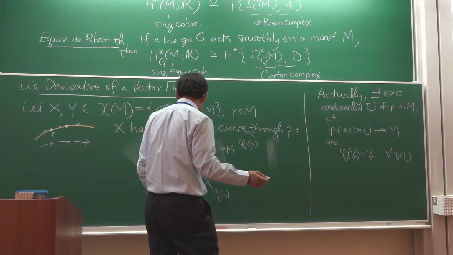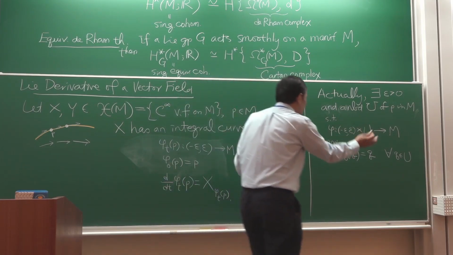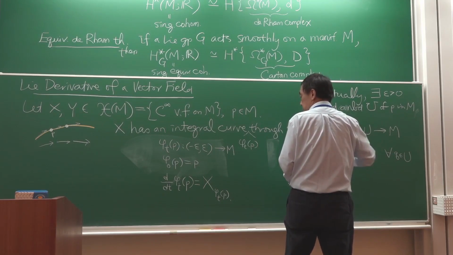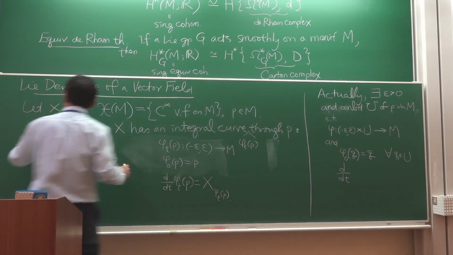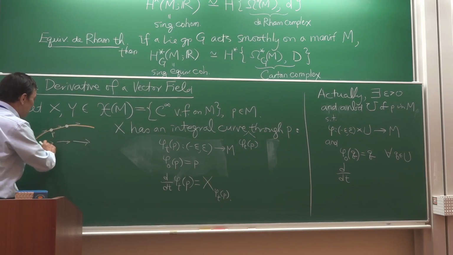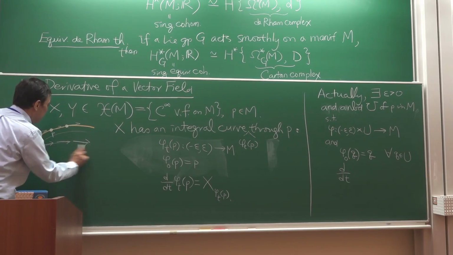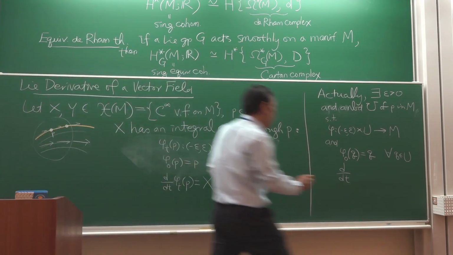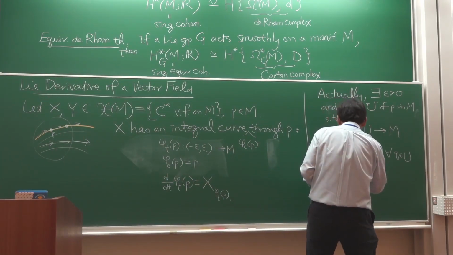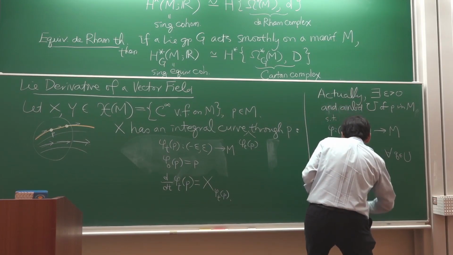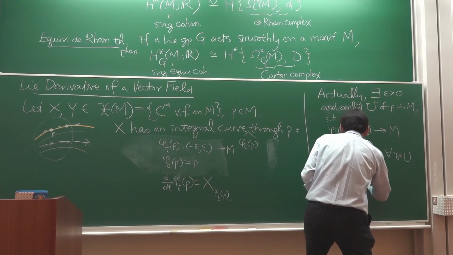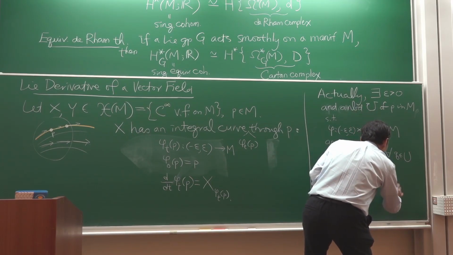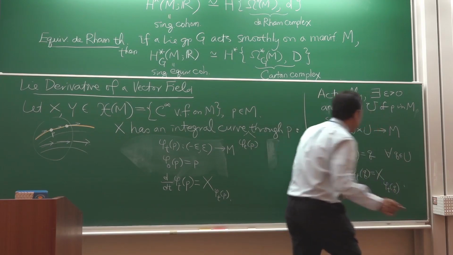And then you actually have the integral curve. You have not just that one, but you have all these integral curves in the neighborhood of p. Okay? So d/dt of phi t of q is X at phi t of q.